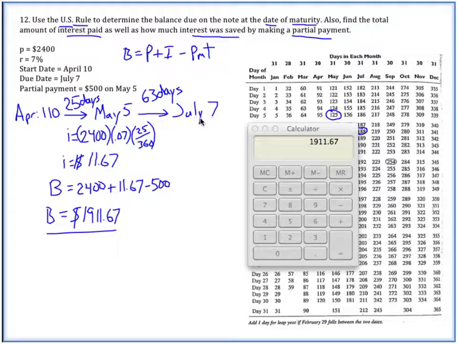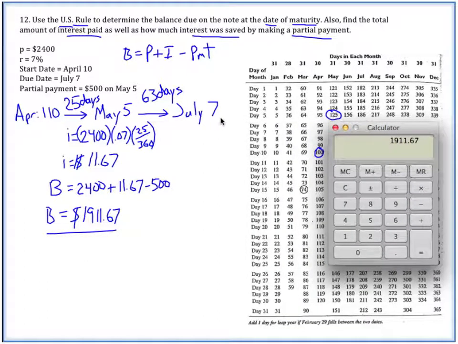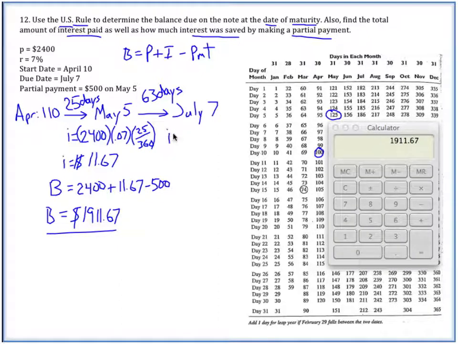Okay, then we move on and perform the same calculations, but we do them for July 7th. So we're going to run I equals PRT for July 7th. Now the principal is your new balance. So we need to take this 1911.67 and put that in for our principal. Our rate did not change, 0.07.